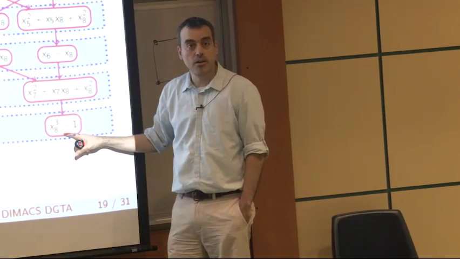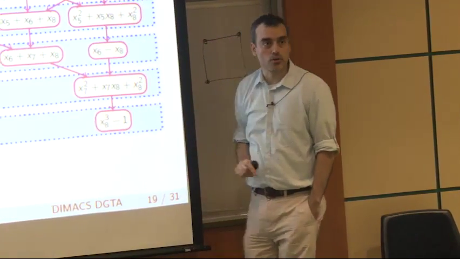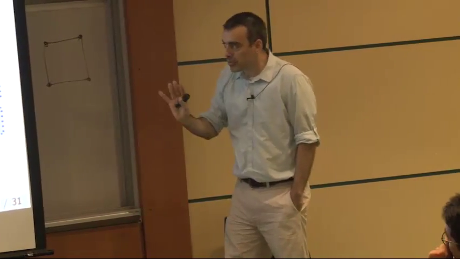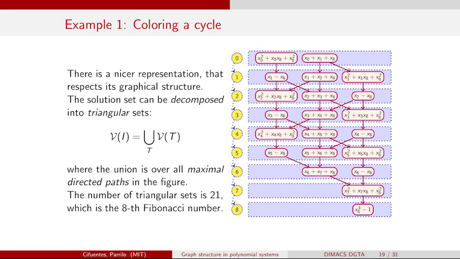Either I pick the same as 8 or I pick a different color, and then I can follow the process. And it's a non-trivial property of this that any path in here that you follow will give me a solution, and there's going to be an exact bijection between the paths in here and all the solutions of my polynomial system.